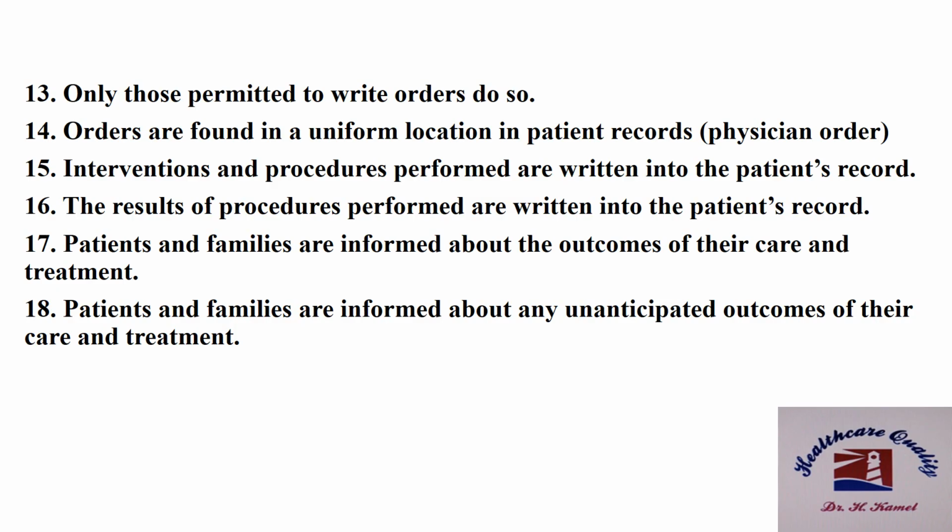Number 16, the results of procedures performed are written into the patient's record. Number 17, patients and families are informed about the outcomes of their care and treatment. And number 18, patients and families are informed about any unanticipated outcomes of their care and treatment.